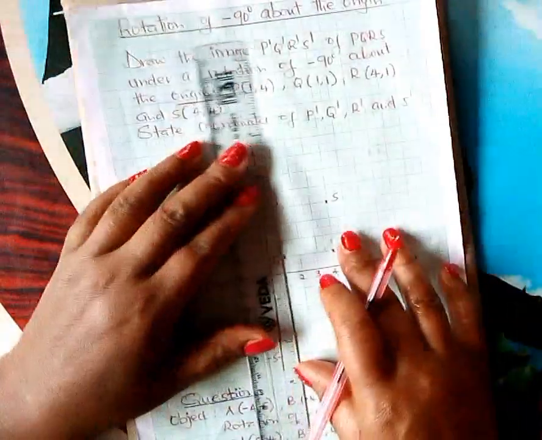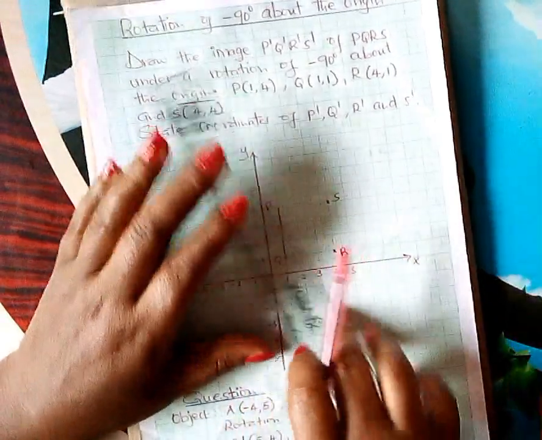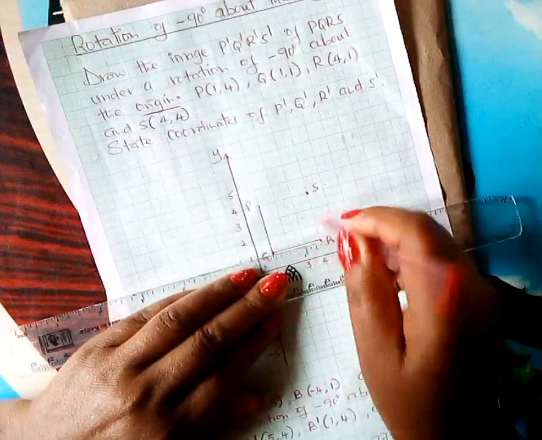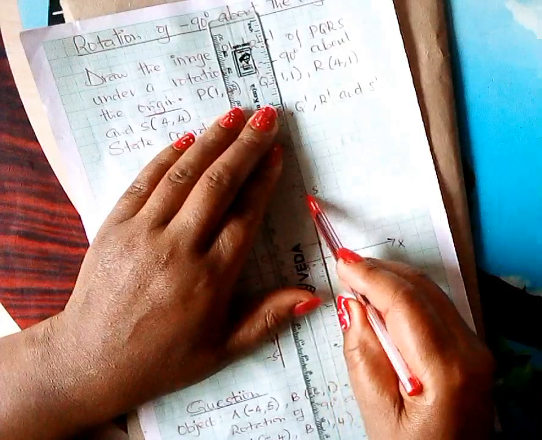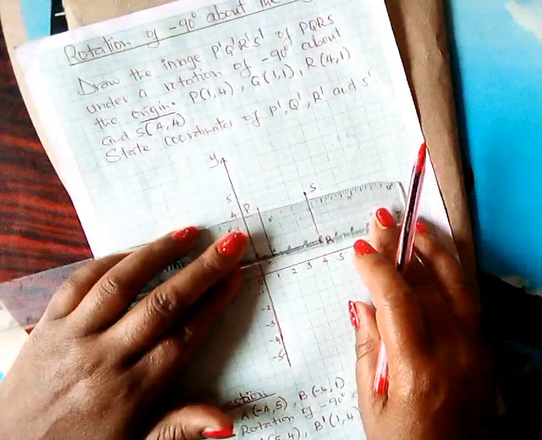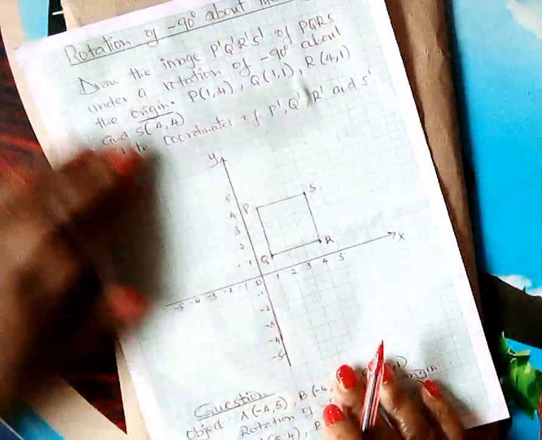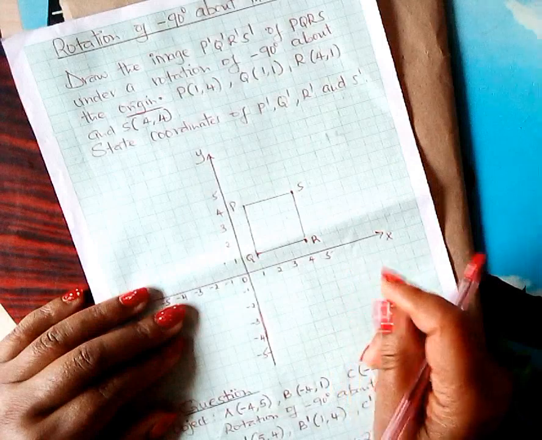So we join the points: P to Q, Q to R, R to S, and finally S to P. There is our object.